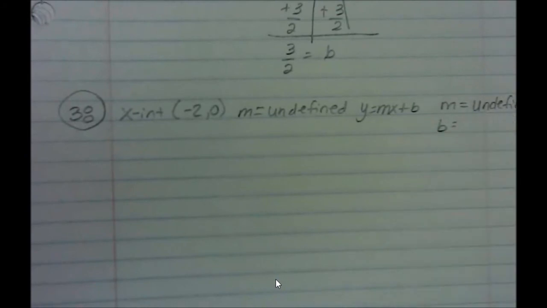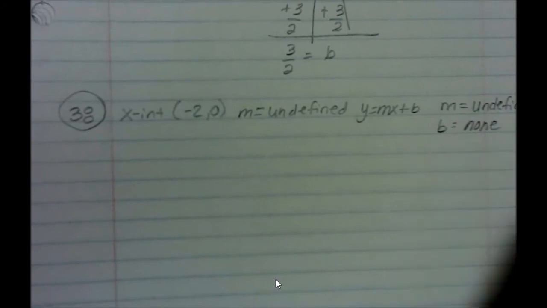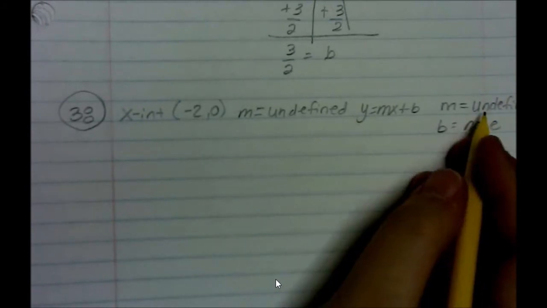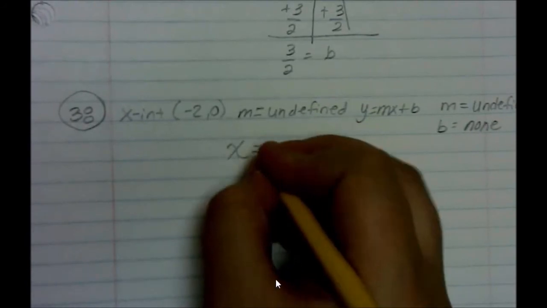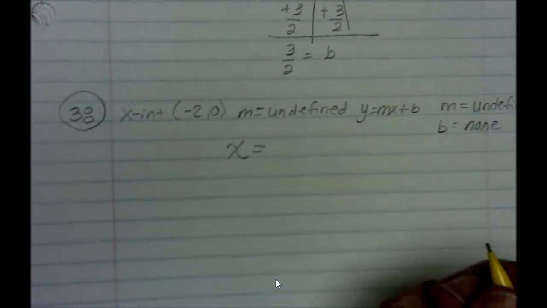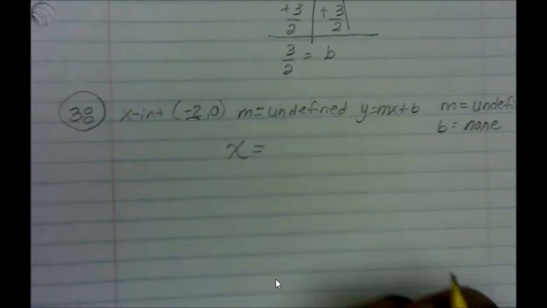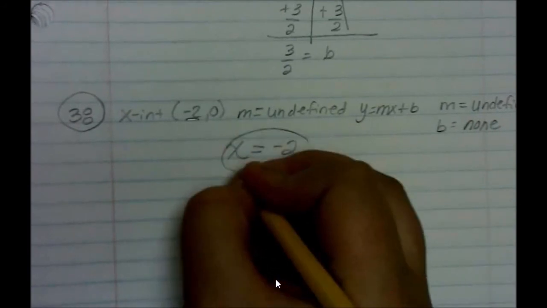And we know that when we have an undefined slope, there is no y-intercept. If you look at your notes from section 3.1, you will remember that whenever you have an undefined slope, your equation is going to be x equals. So to find out what x equals, we go to our ordered pair, and what does x equal? -2. So our answer is x equals -2.